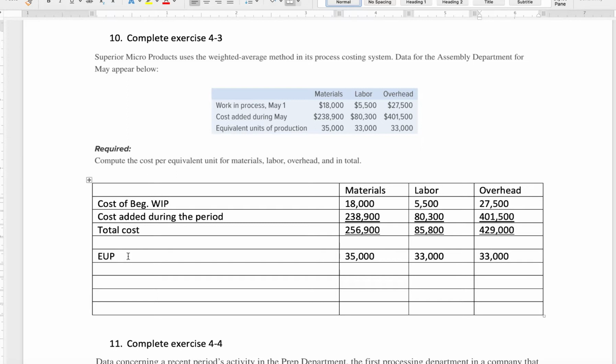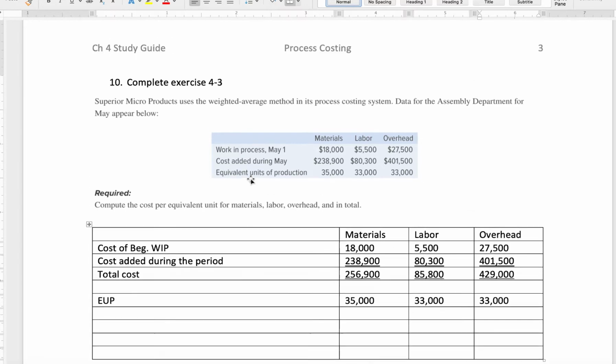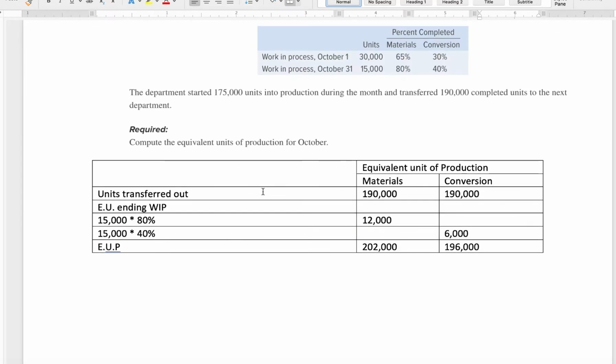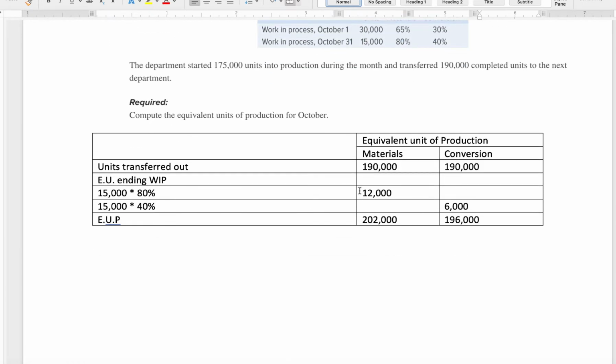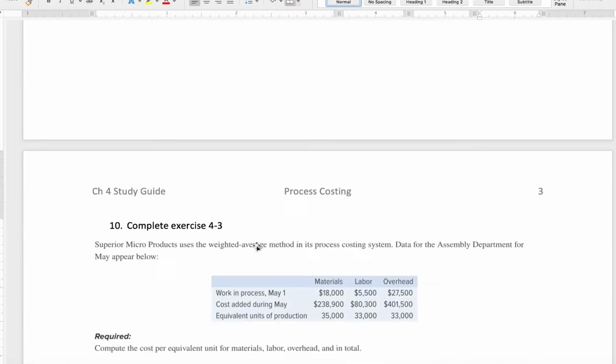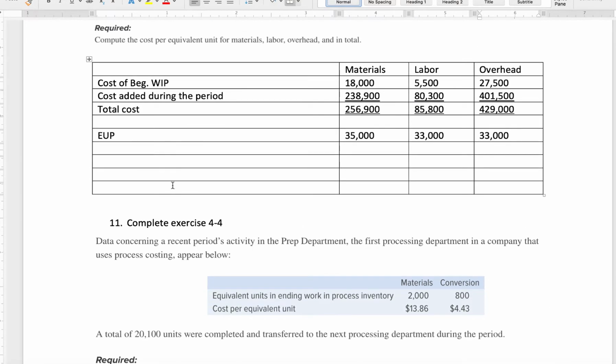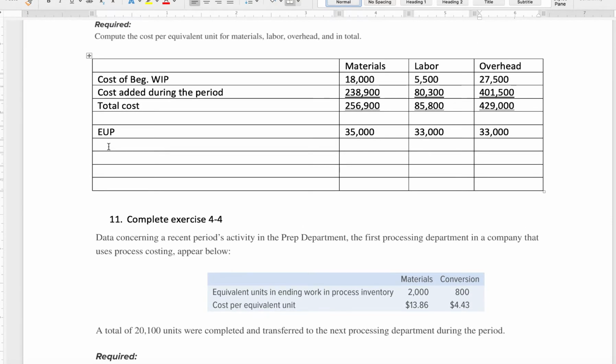Okay. Now, when you see this equivalent unit of production, they give you the number, guess what? They already did what we did in part 1, or they already did what we did in question 9. That was already done for us. We got to figure out the cost per equivalent unit.